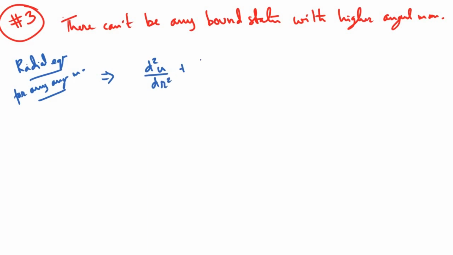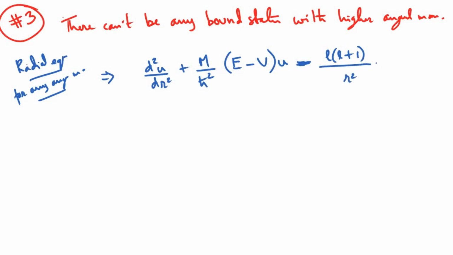This is what we are going to write, and so d2u/dr squared plus 2m by h cross squared (E minus V). Now you will see what we have done was very much simpler. There will be a minus term, and this is where this L dependent term, the centrifugal term, comes into play. Okay, now this is the generalization of which equation?